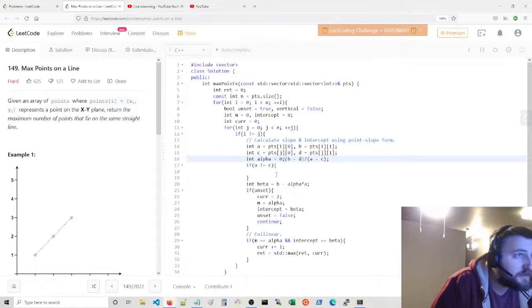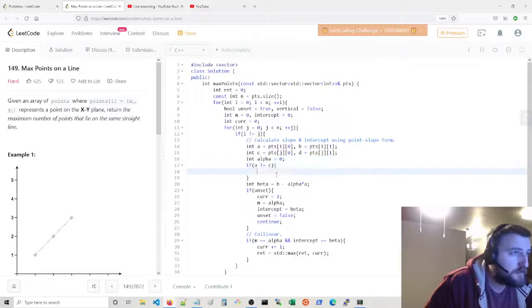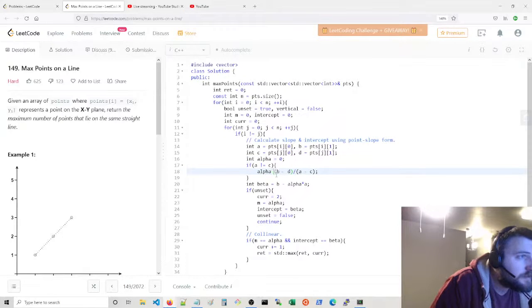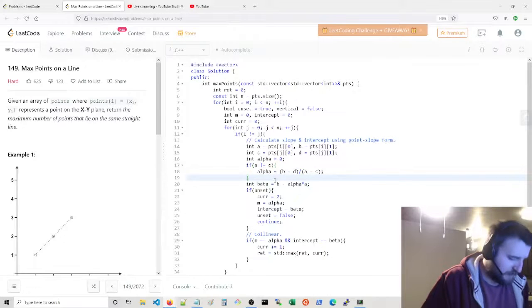We're going to set that just to 0. Could be vertical, I mean horizontal.